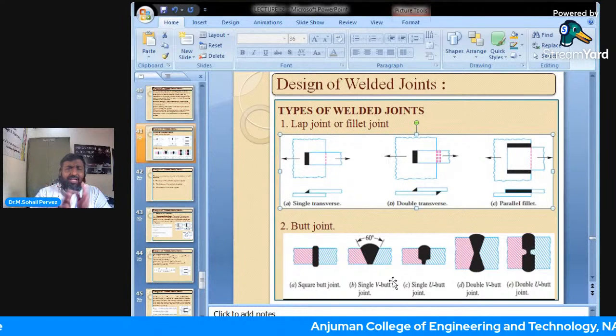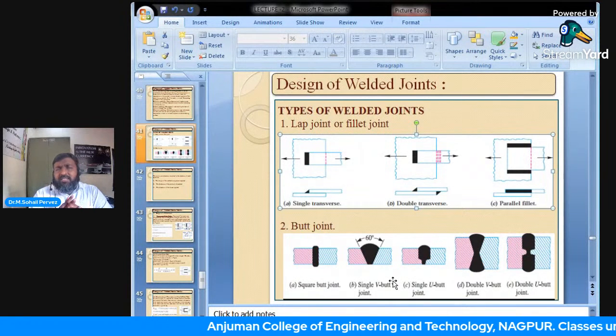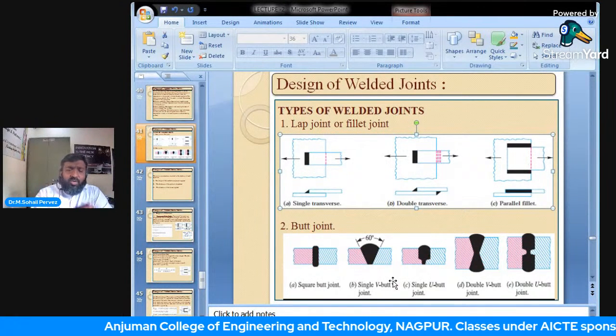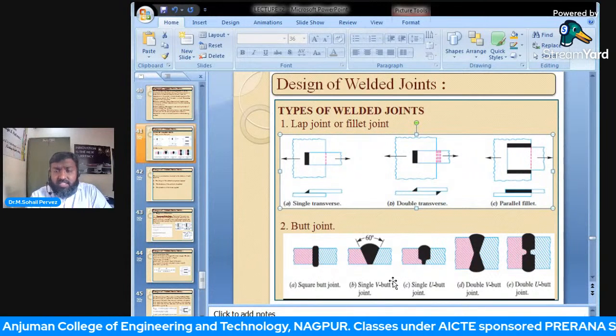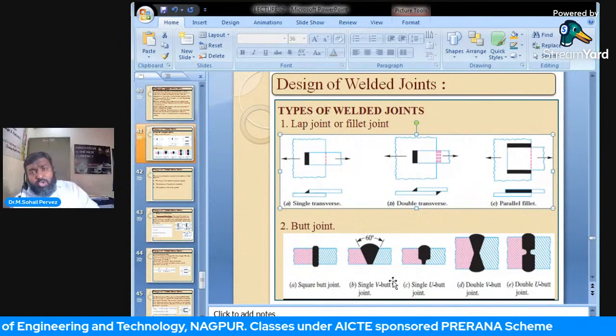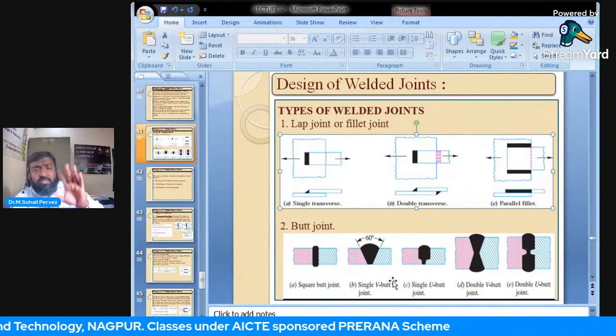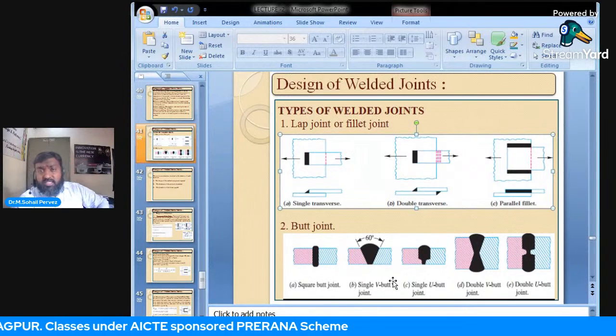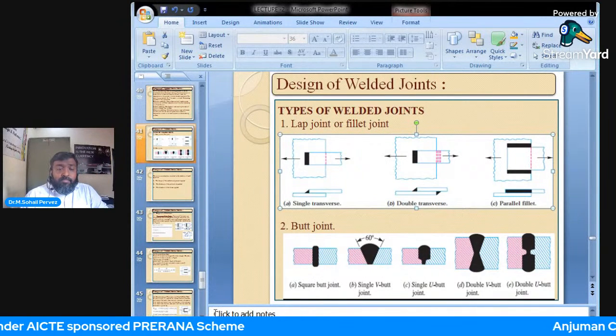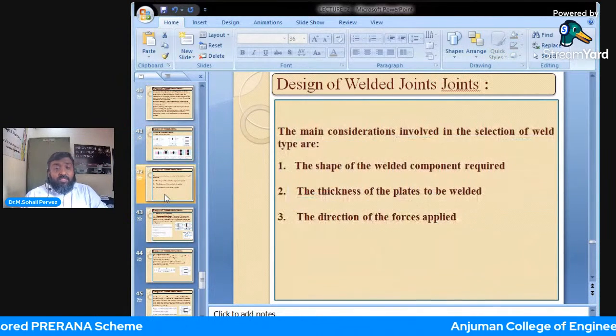Basically, comparing the strength of lap and butt, it is quite evident from the figure itself that lap joints would be stronger as compared to butt joints. The next one.